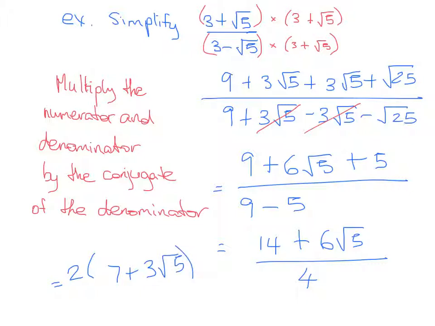And that's all over 4. Now we can cancel. 2 into itself gives us 1. 2 into 4 gives us 2. So our actual answer here is 7 plus 3 root 5 all over 2. And we're done.